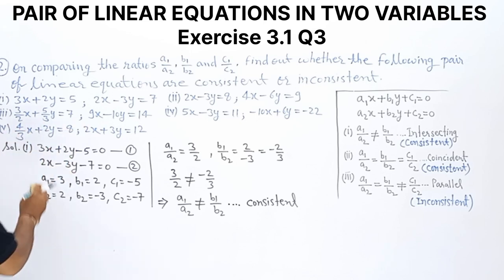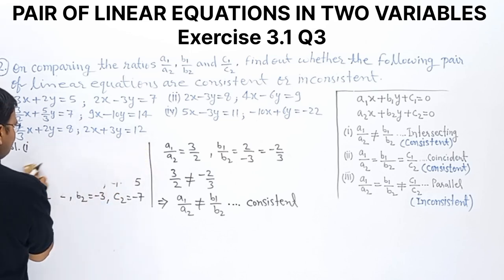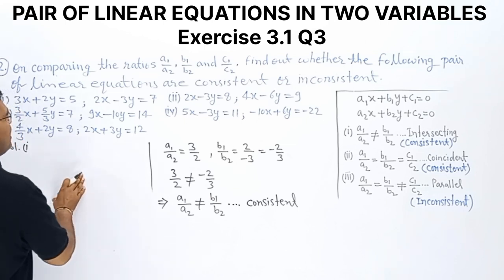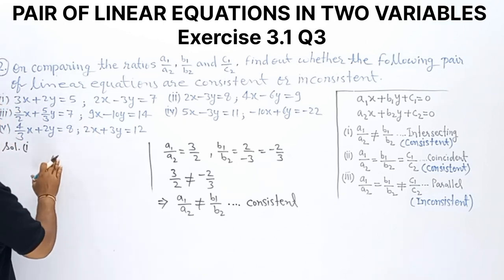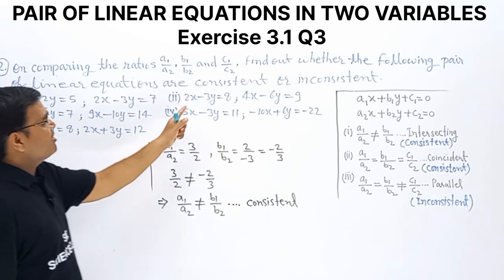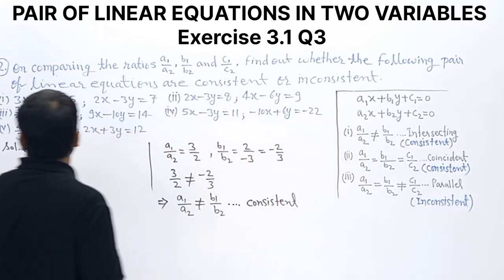Observe carefully. Now I am taking question number 2. What is the question? Observe. Again we are having two linear equations in two variables. First I am writing these equations in the general form. So how will we write?